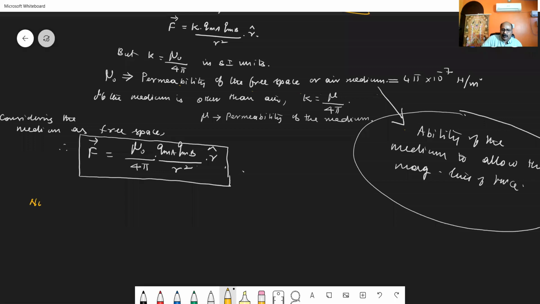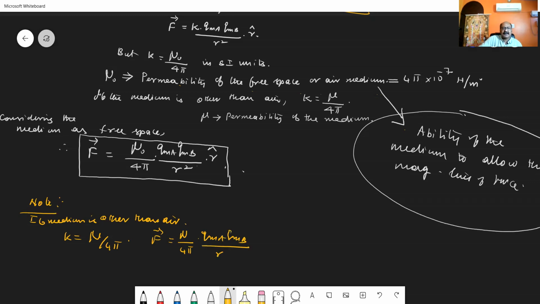Let us make a note. If the medium is other than air, then the value of K equals mu by 4 pi. So F vector will be equal to mu divided by 4 pi into QMA into QMB divided by R square into R cap.